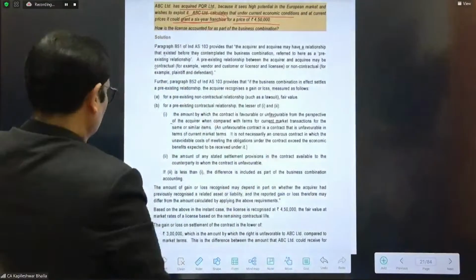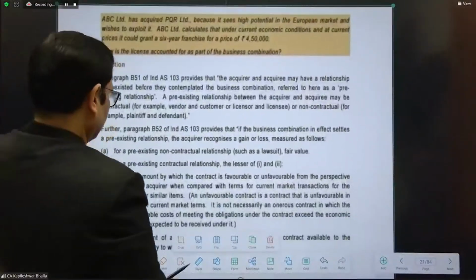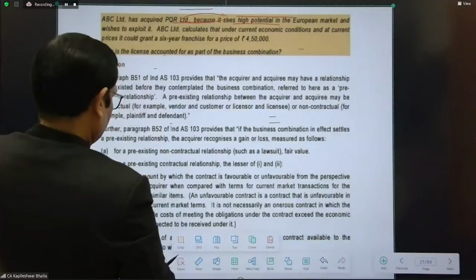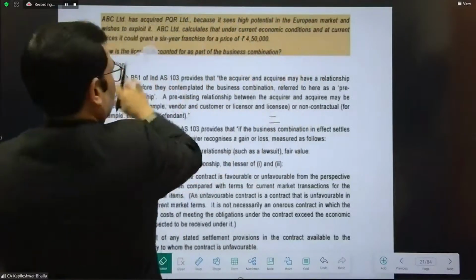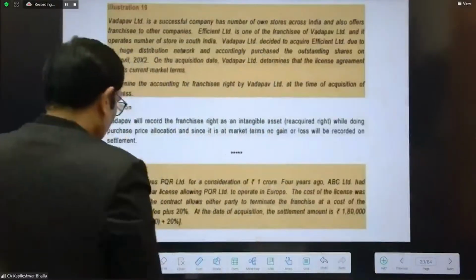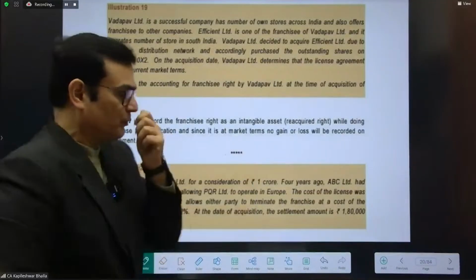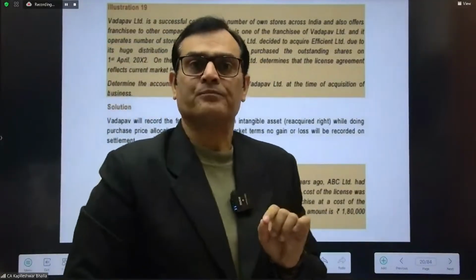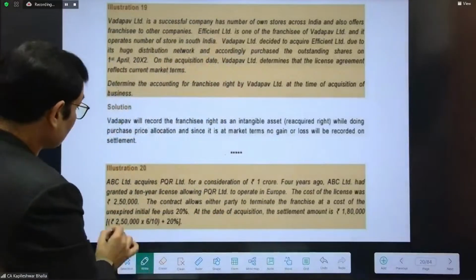I can zoom it a bit further so that we can have a good understanding. Now let's concentrate completely on this particular illustration. You're going to get the complete picture now. So let me go back to the illustration and read the inputs.